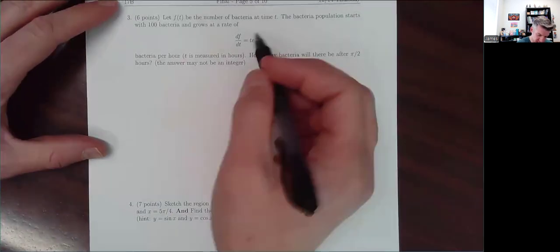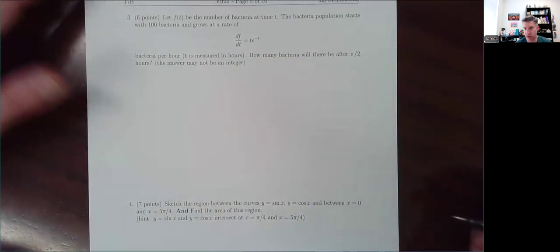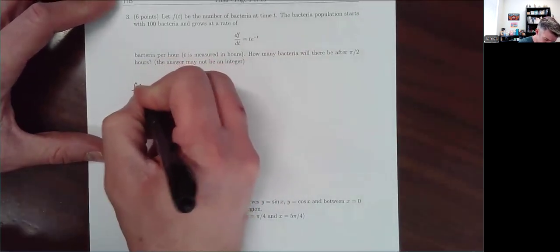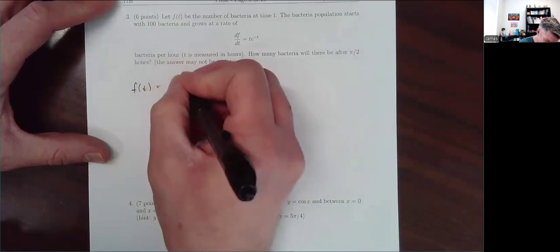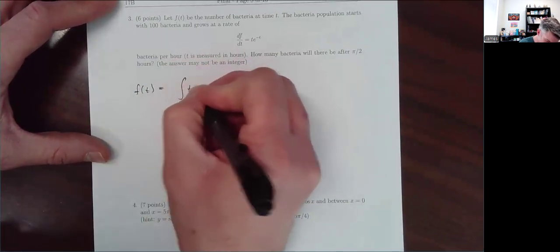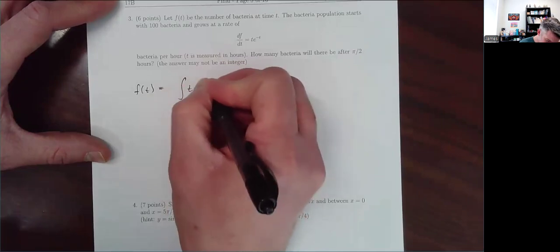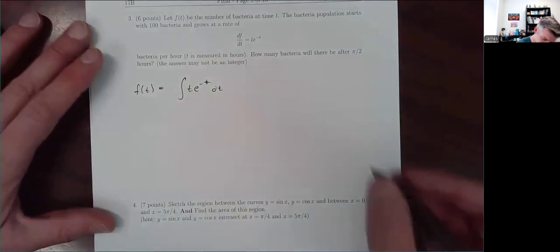Okay. So we have to solve this differential equation, which isn't too bad. Yeah, that's right. So we're just going to integrate this and say that f of t is going to equal the integral of t e to the negative t dt. We almost did that integral before. It's integration by parts.